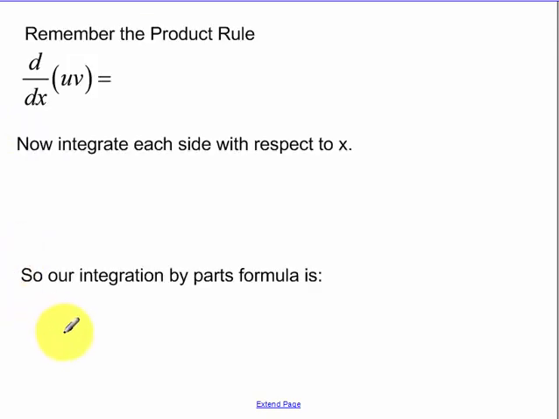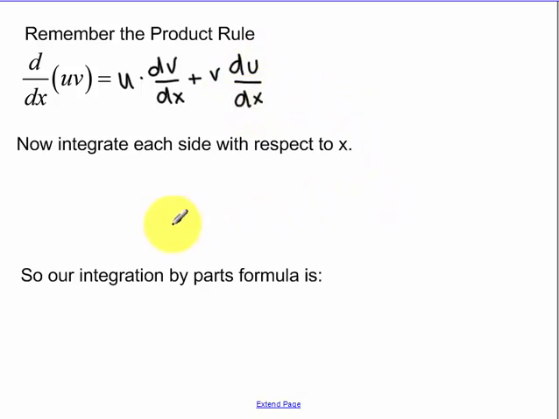To understand integration by parts, we need to remember the product rule. Remember, our product rule is u times the derivative of v with respect to x plus v times the derivative of u with respect to x.